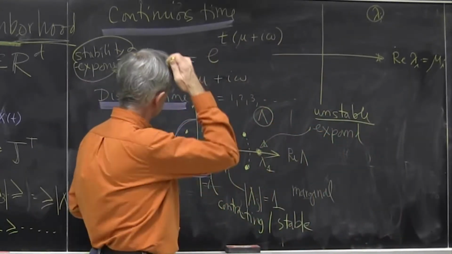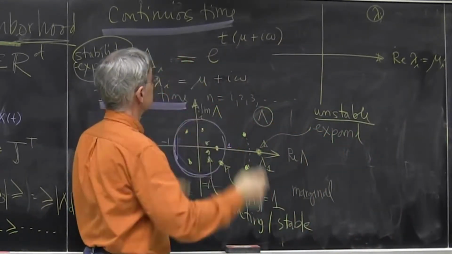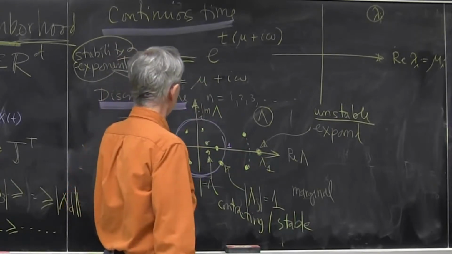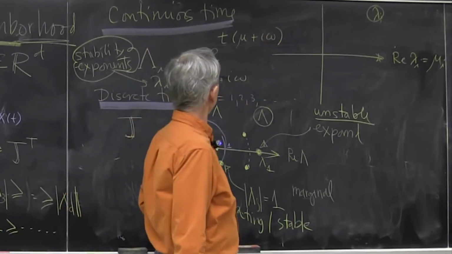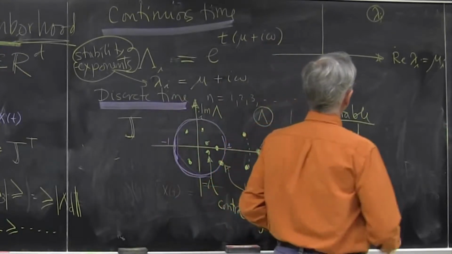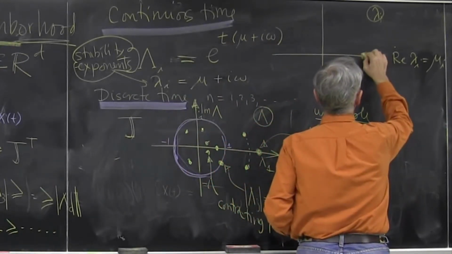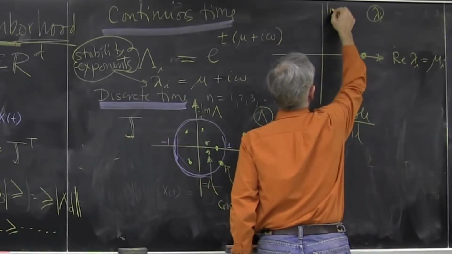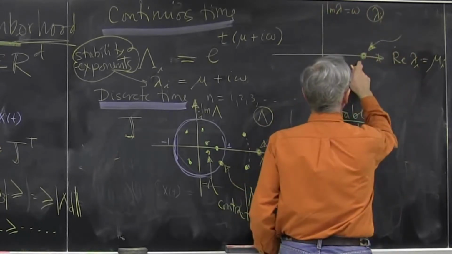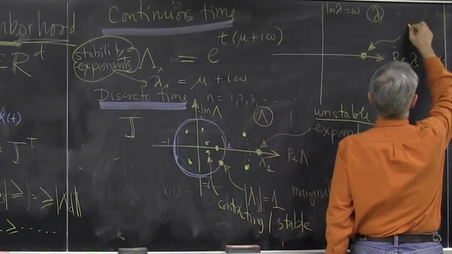If my multiplier is real, and there is 50% chance of that, then it doesn't have a complex part, and that means that it sits on this line. This is the imaginary part, call that omega. Now if it's positive, this is unstable.